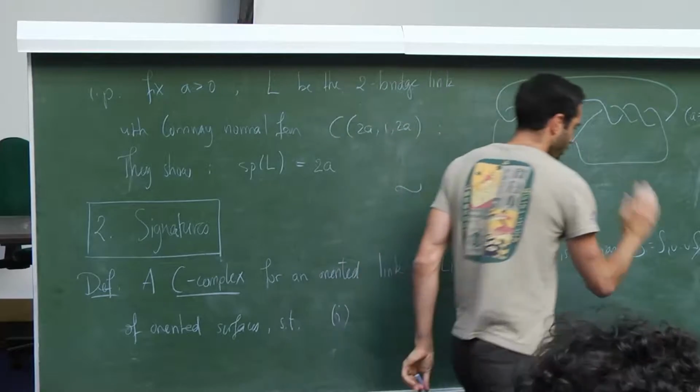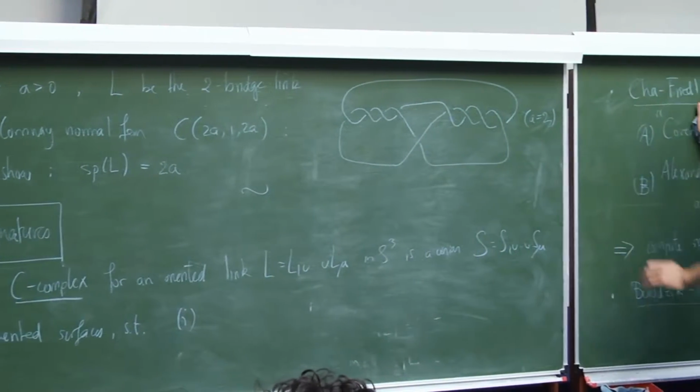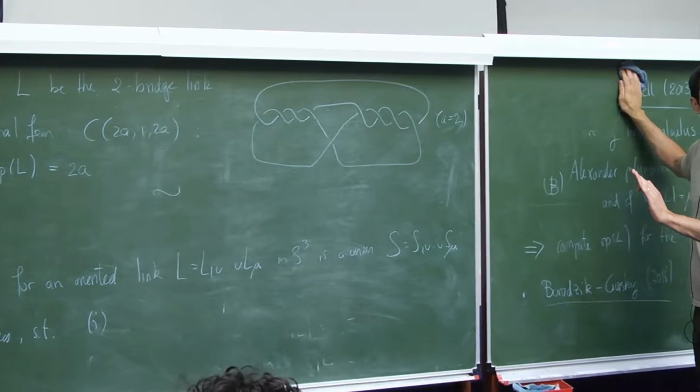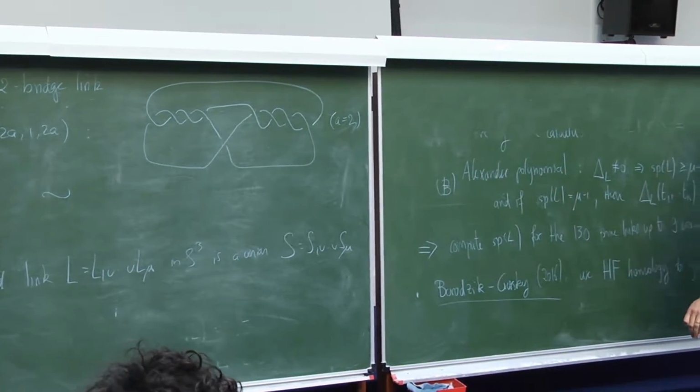And again, if you think in terms of one variable or in terms of a knot, this will simply be a Seifert surface. So this is the generalization of the Seifert surface.